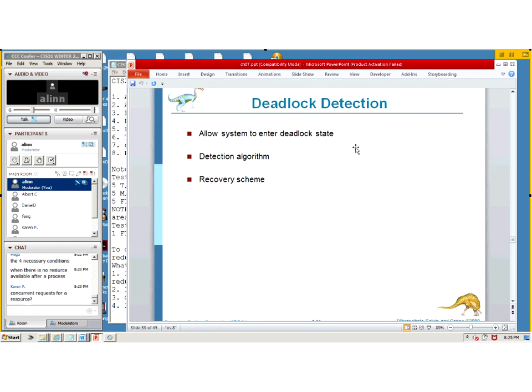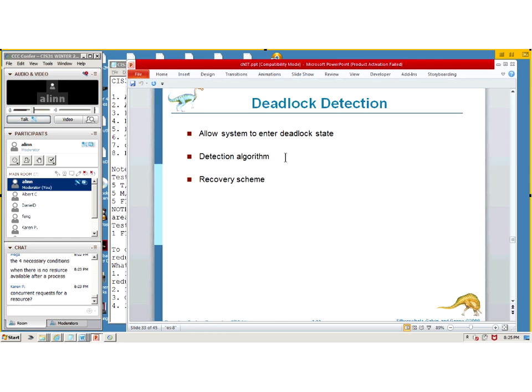Let the deadlock happen and detect it. So you allow the system to enter a deadlock state. We're not going to prevent, we're not going to avoid, we're going to let it happen and try to detect it.